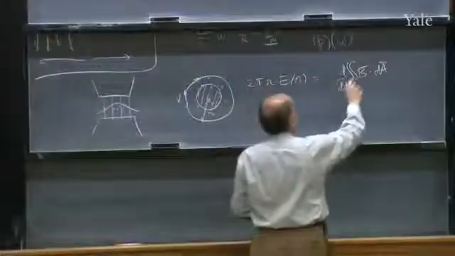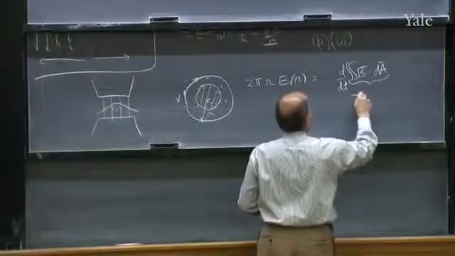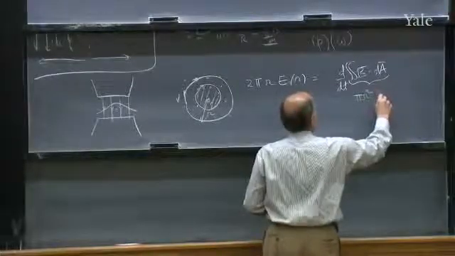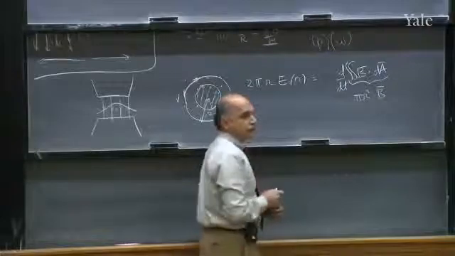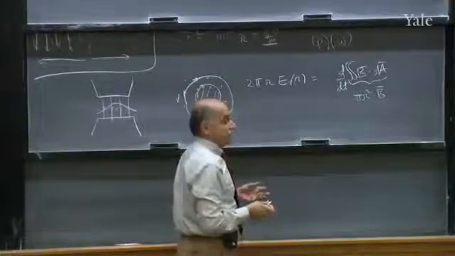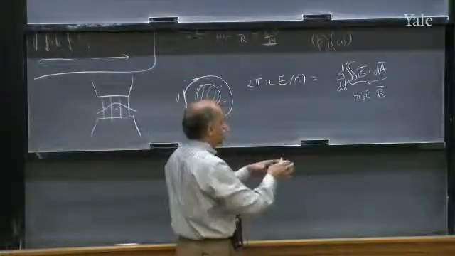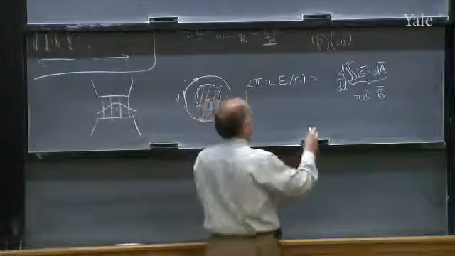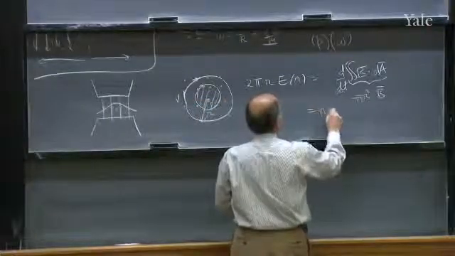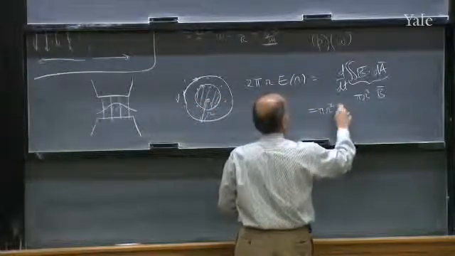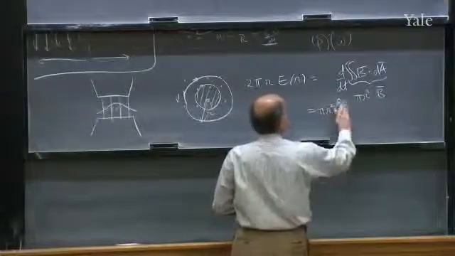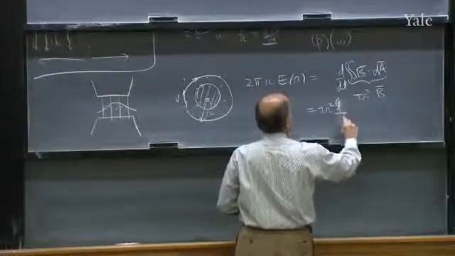Now that B dot dA, I'm going to write as pi r squared times some average B. That's how we define the average. The total flux through the radius, when the field is varying with distance, can always be written as the area times the average B, and the time derivative of that is, if you like, d by dt of B bar.